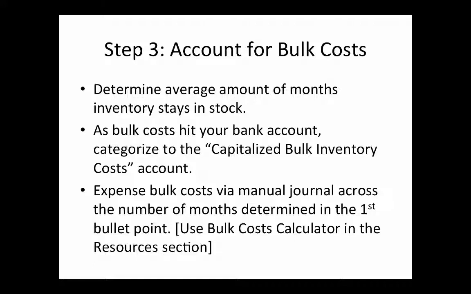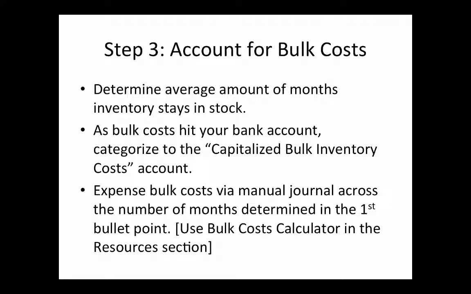So take, for example, let's say you have duty and freight that equal $2,000, like my previous example. And let's say you stock inventory for 2 months at a time. You're going to take that $2,000 and expense $1,000 of it in month 1 and then $1,000 in month 2.